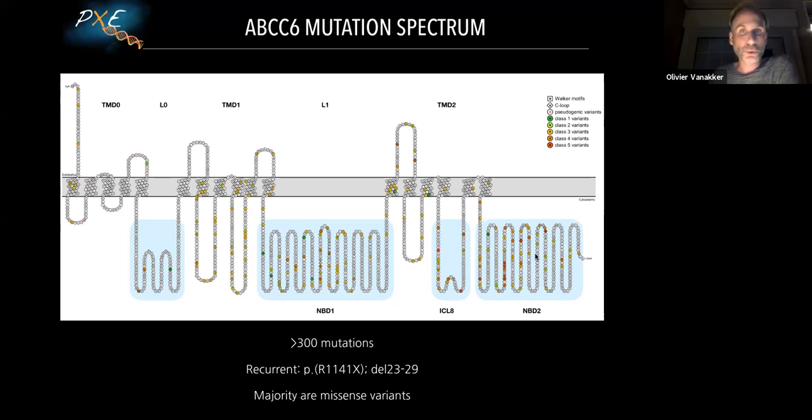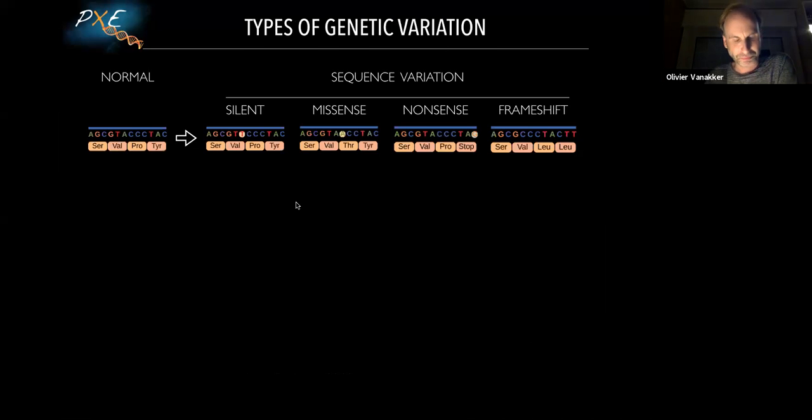And this is not unique to PXE. This is the case in many genetic disorders. But they pose a certain challenge when we find these kinds of variants. So I just want to highlight these different types of sequence variation: silent variants, missense variants, nonsense variants, frameshift variants.